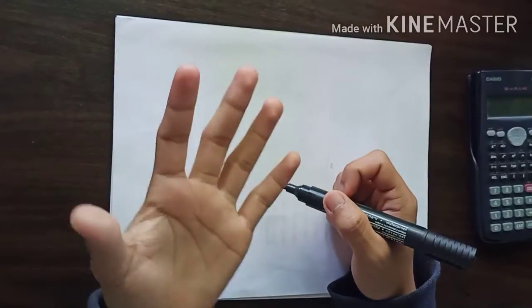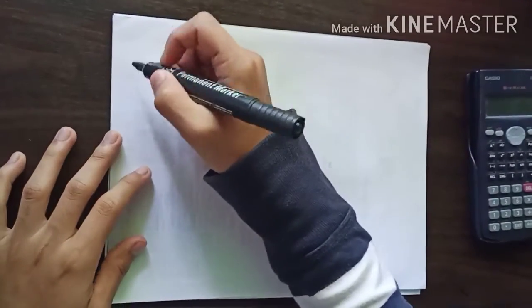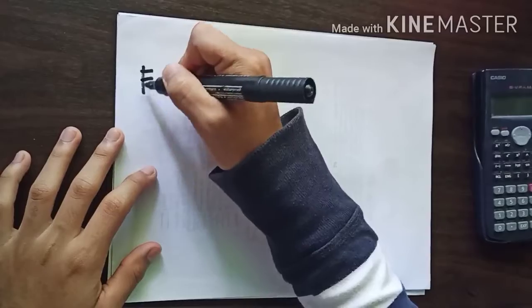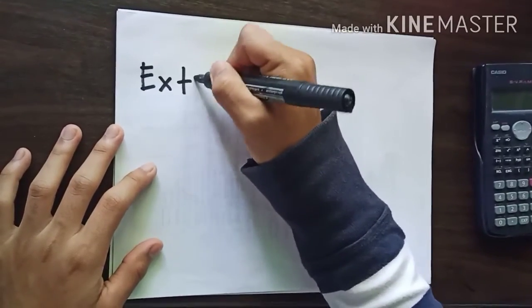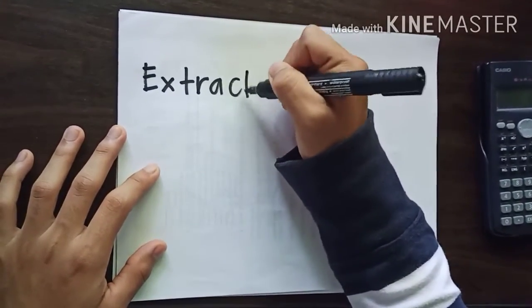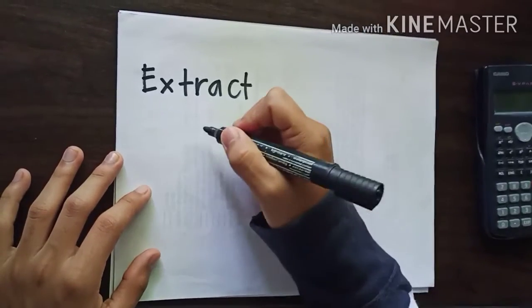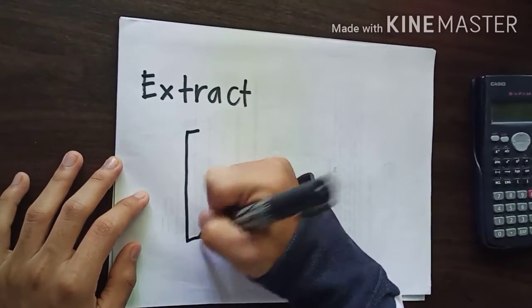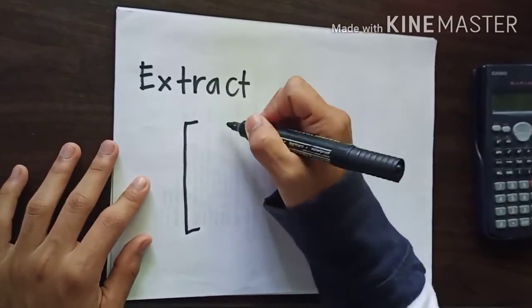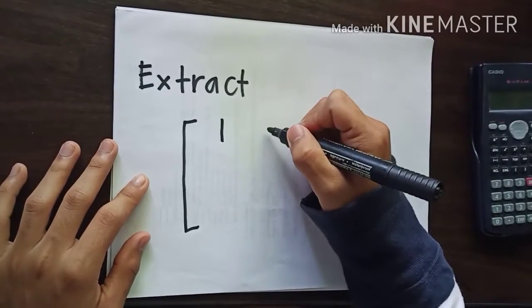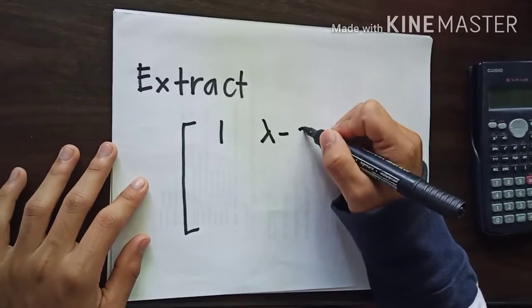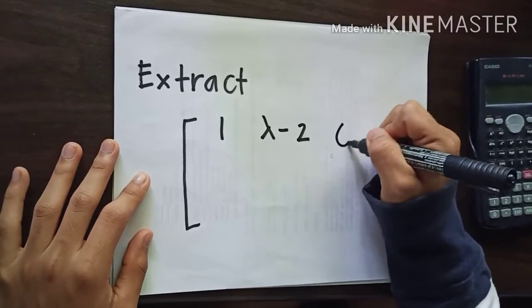So for step 5, we will just extract negative lambda minus 2 squared plus 1. So now we will have first the row 1, which will remain the same: 1, lambda minus 2 and then 0.